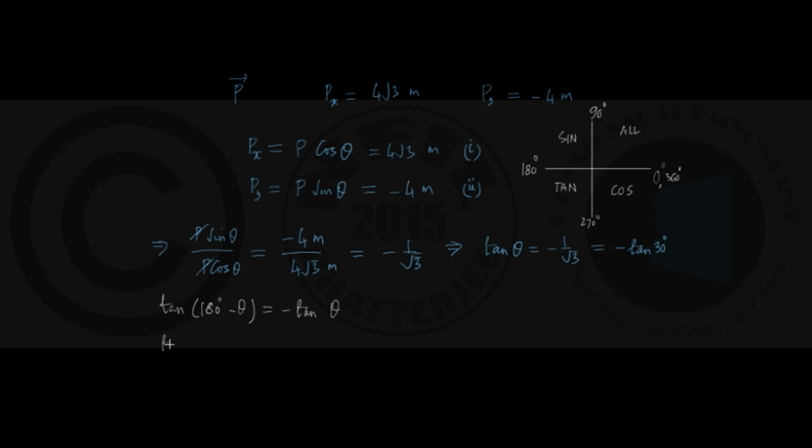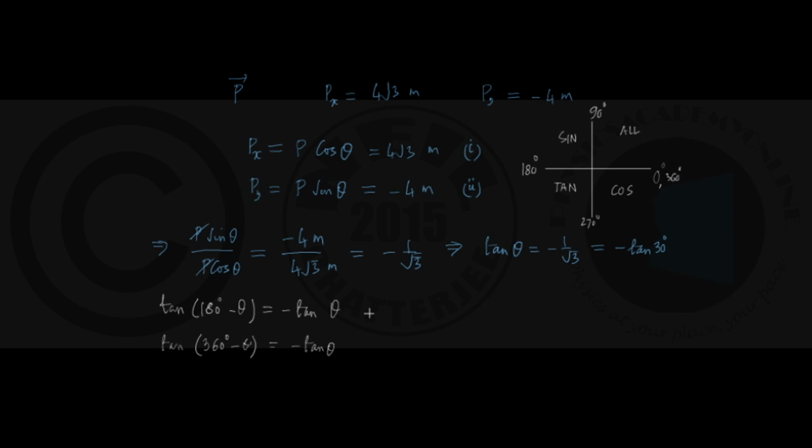Similarly, we could have written tan 360 degree minus theta, that's coming in the fourth quadrant, as you can check here. The whole thing is 360 degree, and then minus theta means back into the fourth quadrant. Then again only cos is positive, so tan also is negative there. Because of that, this also is minus tan theta.